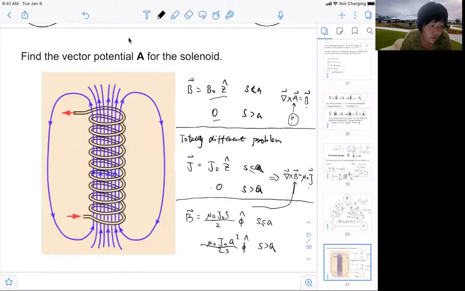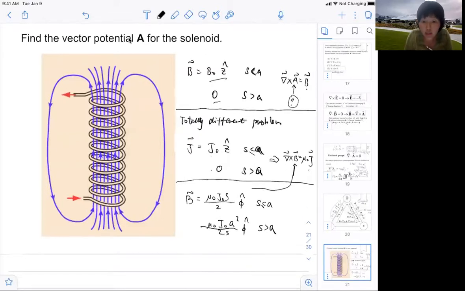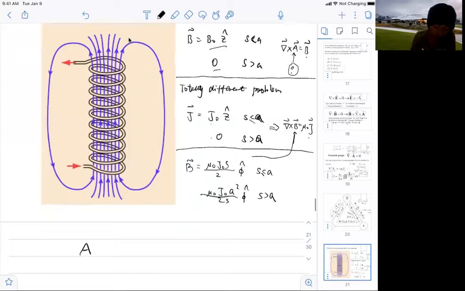Given that, can you go ahead and write your answer for A? I'll give you a minute. Go ahead and try to write it on your piece of paper or your notes.